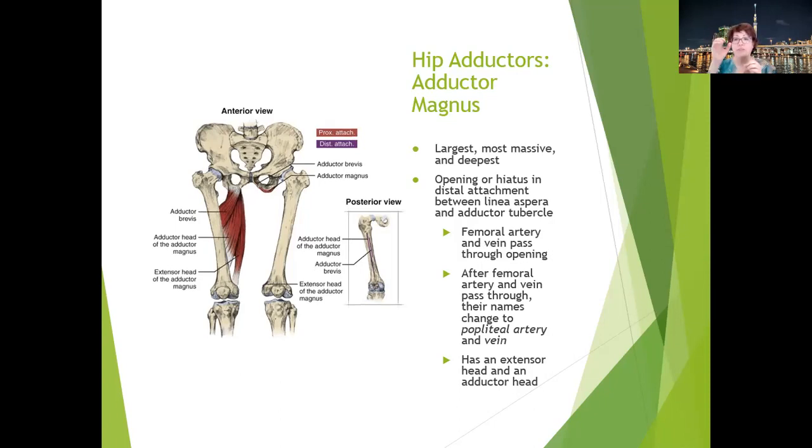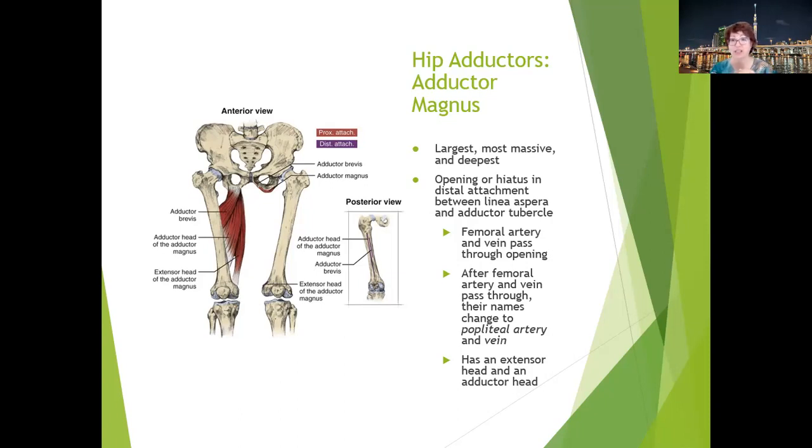And that is an opening that the femoral artery and vein pass through. After the femoral artery and vein pass through the adductor hiatus, their names change to the popliteal artery and vein. That happens a lot, where after a structure passes through an opening, its name changes.